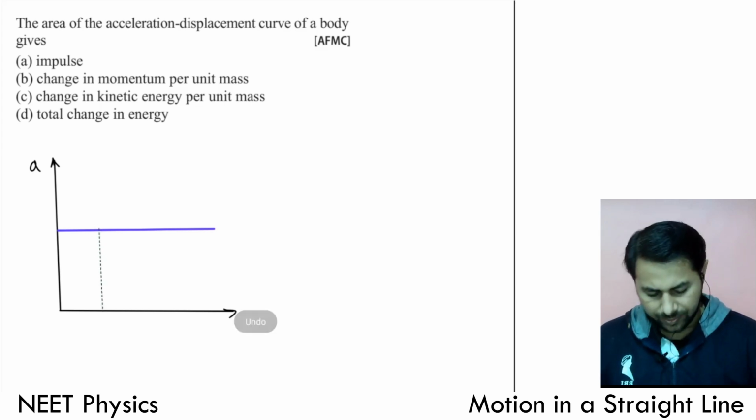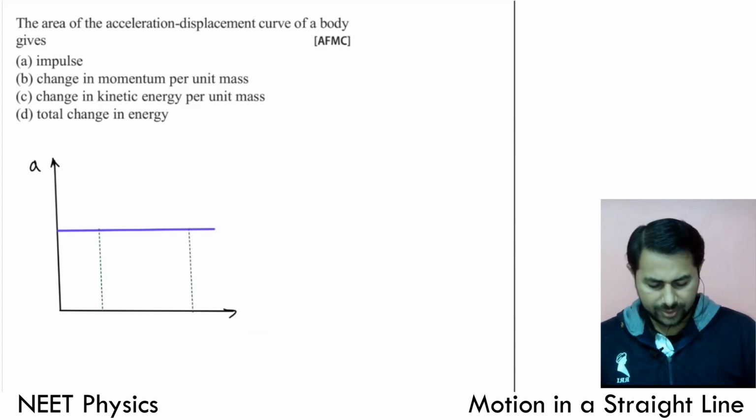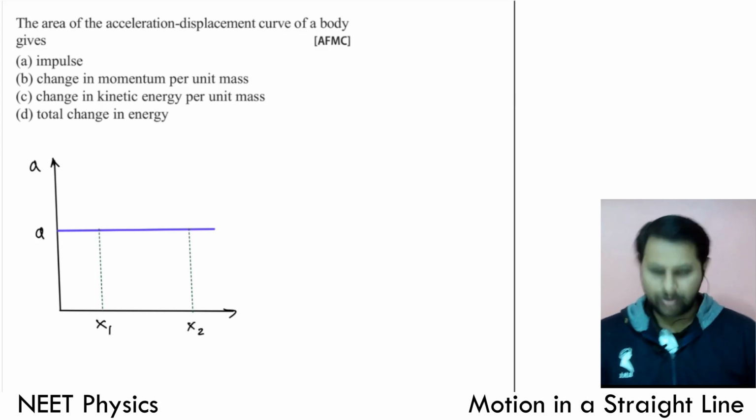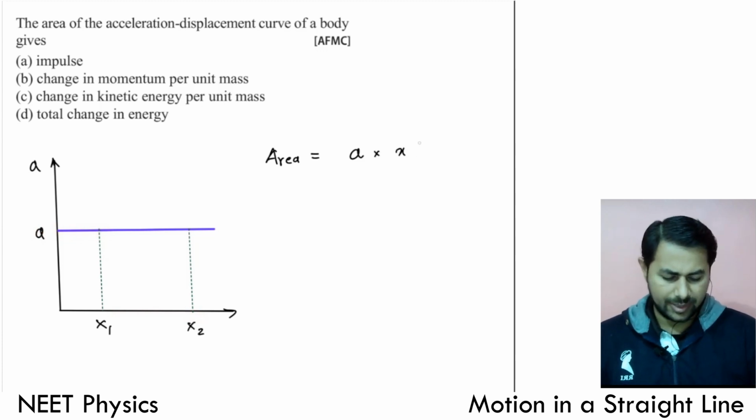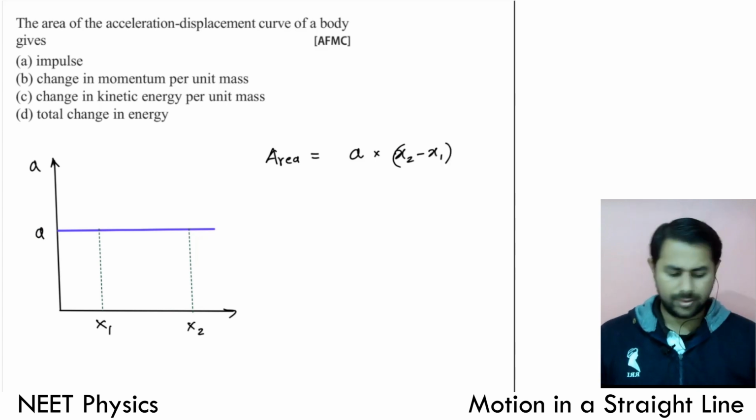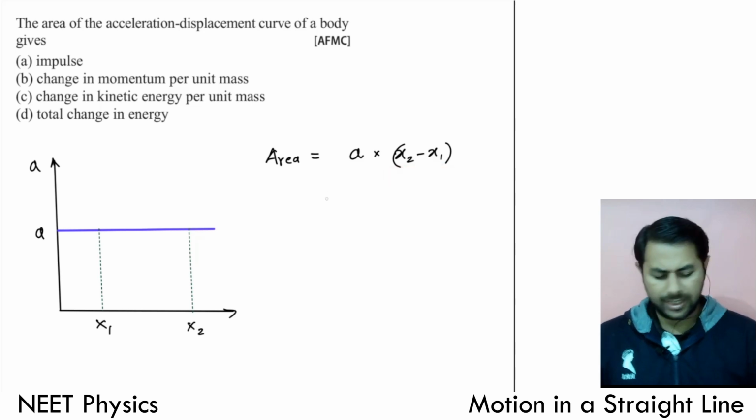Then this is some x1, this is x2, and this is acceleration. If you take the area under this curve, the area will be equal to what? Acceleration multiplied by x2 minus x1. Or you can say this is the displacement. This is a times s.